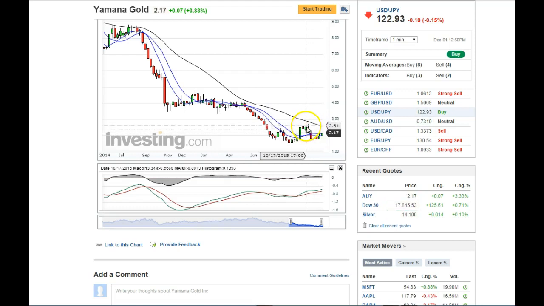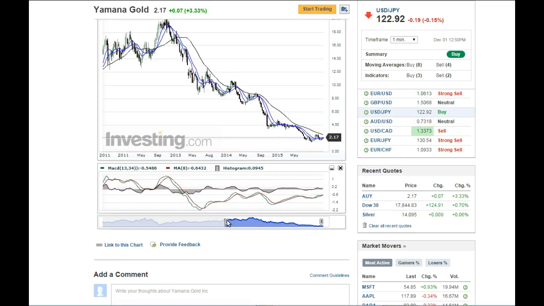So for long term, it looks like it's being accumulated, and I wouldn't mind buying AUY at $2 and accumulating it myself. But like I said, I don't. I may one day buy back in, but I just think everything's so overvalued.